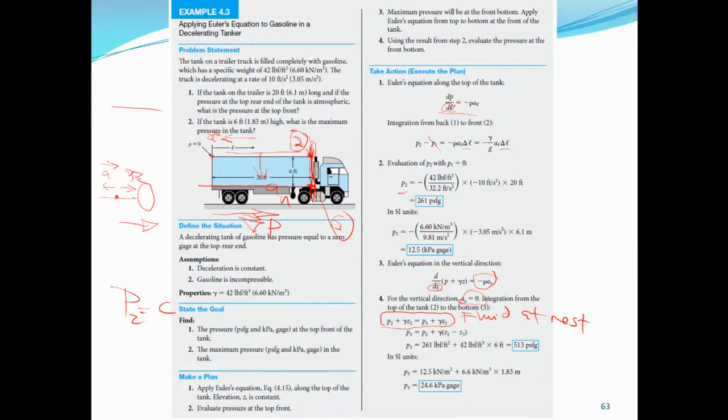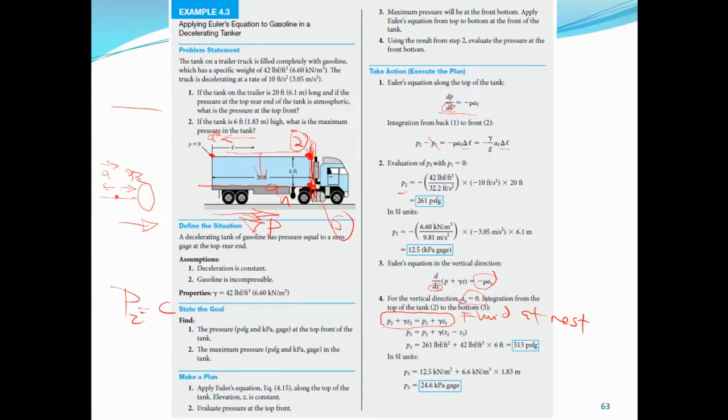In summary, what have we done? The pressure at this point is 0, which is atmospheric. We then found the pressure at this point using Euler's equation. Again, we want to find the maximum pressure. We say it occurs here, because this is the direction of increasing pressure gradient, and because of the height of the fluid, this is why you have the maximum pressure, due to the contribution of the height of the gasoline.